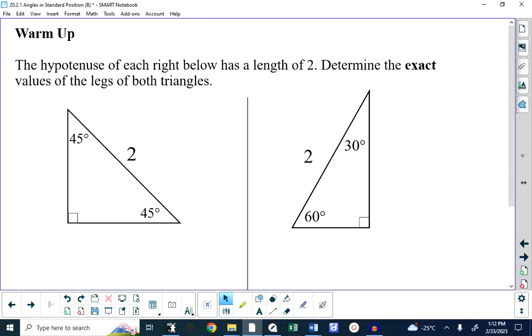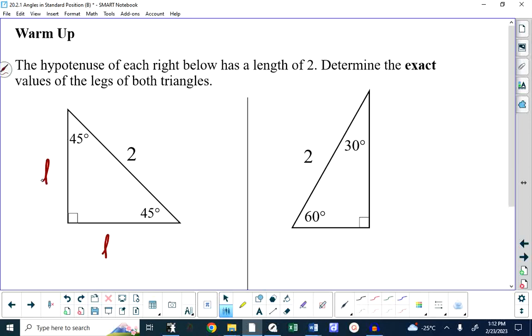If we have a 45, 45, 90 degree triangle and I tell you the hypotenuse is 2, the problem is what's the length of each of the other sides? Well, both of those sides are equal in length, aren't they? So why don't we call each of them L?